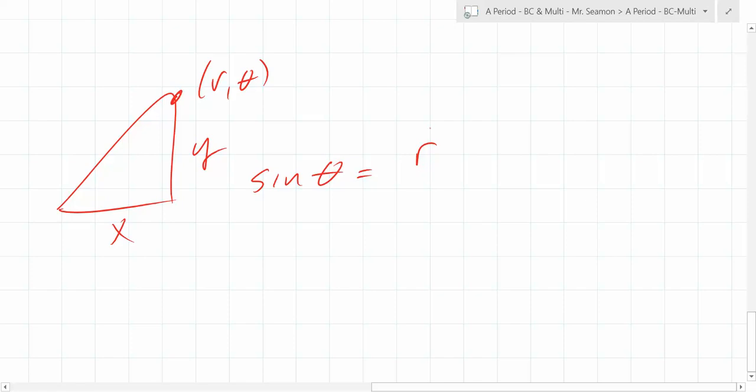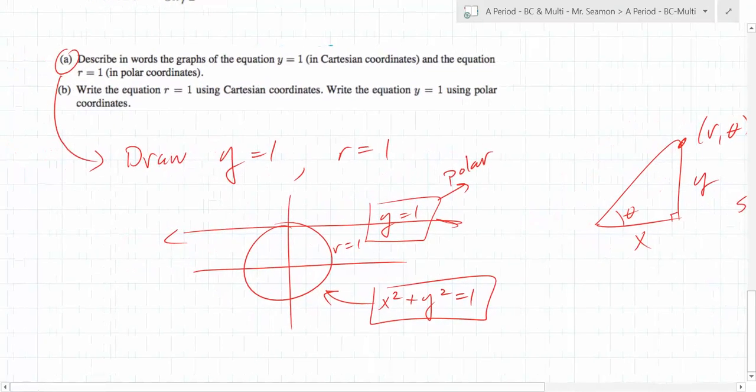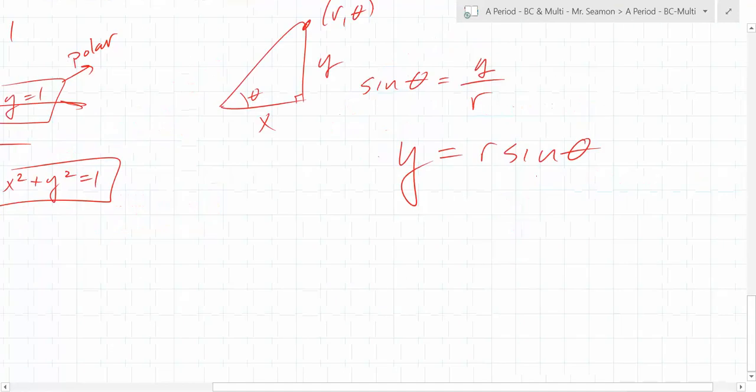Sine is opposite over hypotenuse. So opposite is y, here's theta, y over what? R. So what does y equal? R sine theta. In this graph right here, what did y always equal? 1.